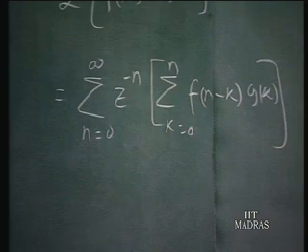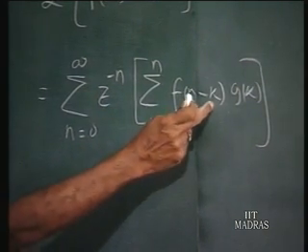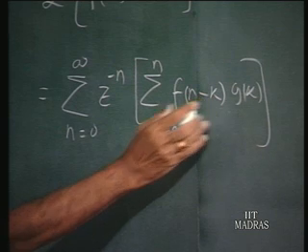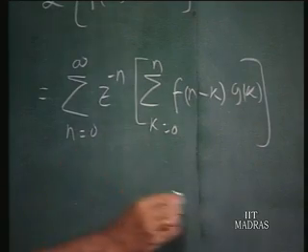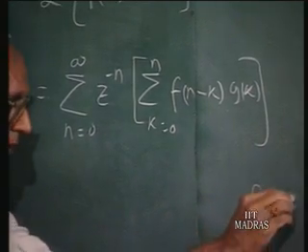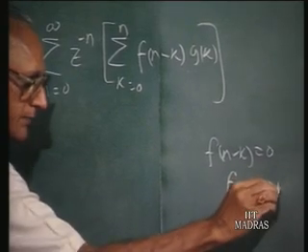Now when k is summed up from 0 to n, when k gets past n, the argument n minus k becomes negative. Since we are assuming causal signals, Fn minus k is 0 for k greater than n.